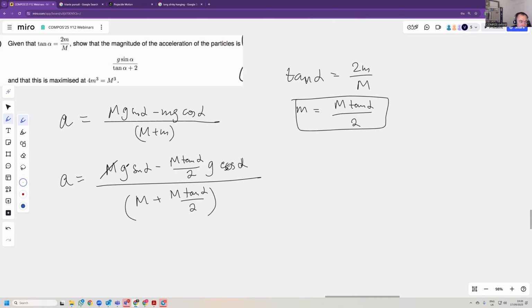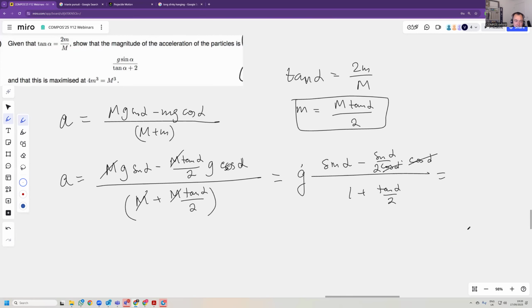And you can see that m cancels, as it should. And it's tan alpha times cos alpha. So it's g sine alpha minus tan alpha, tan is sine alpha over cos alpha, times cos alpha. So cos alpha cancels, divided by 1 plus tan alpha over 2.